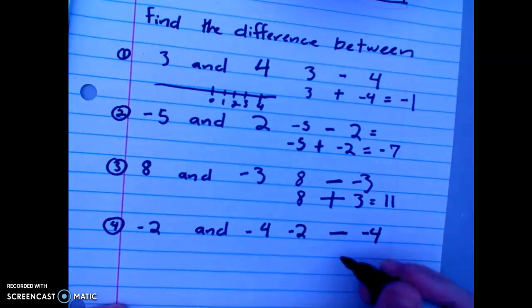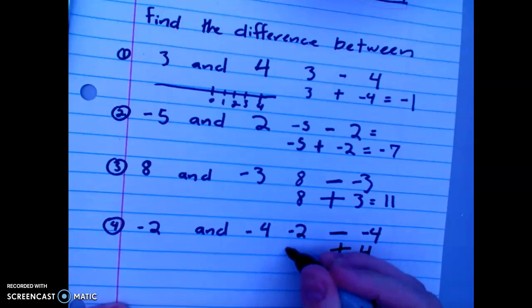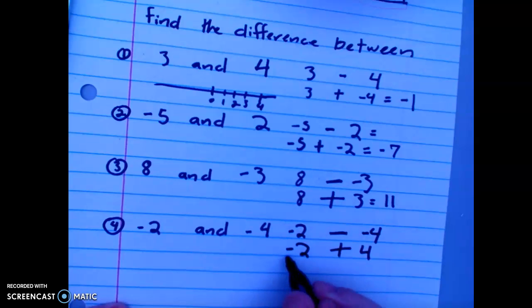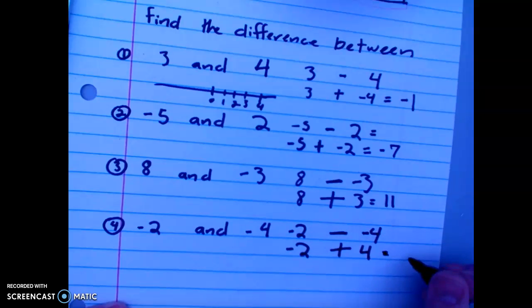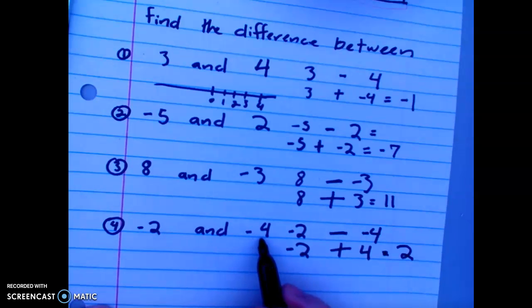Double negative gets turned into a big old +4. Bring down the -2. Remember, that negative does not get changed when we fix the double negative. Then we can use our addition rules. Different signs, subtract, and get 2. Which means there is a difference of 2 spaces in between these two numbers on the number line.